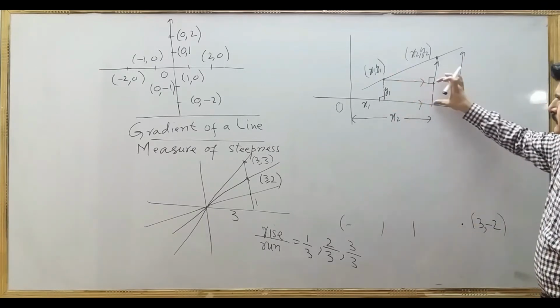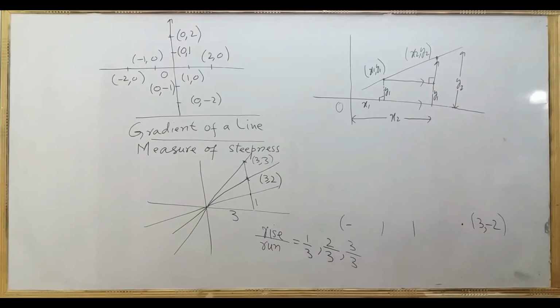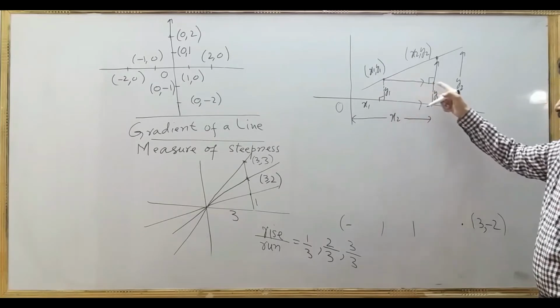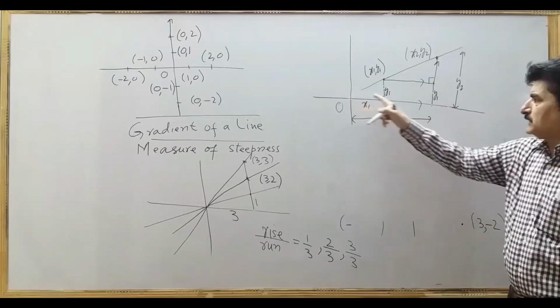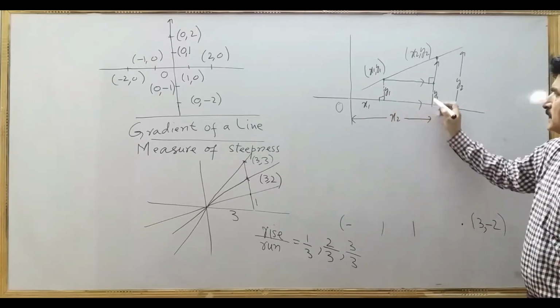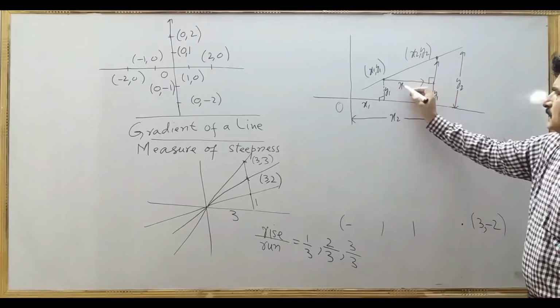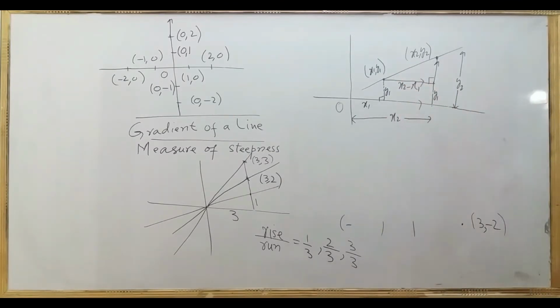Now this is y1, this will also be y1. Now what is this length? From origin to this point it is x2, from origin to this point it is x1. So this length will be x2 minus x1 and this is also x2 minus x1 because this is a rectangle.